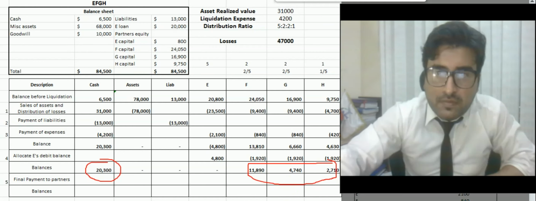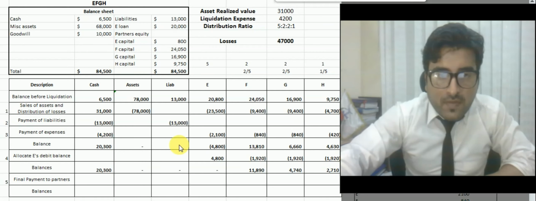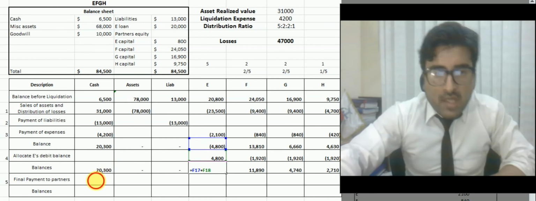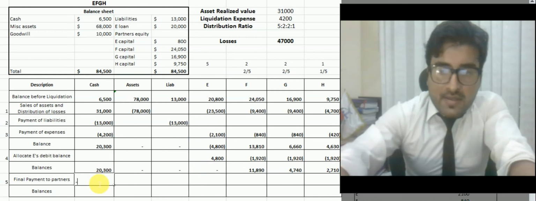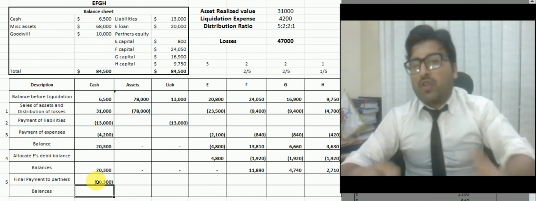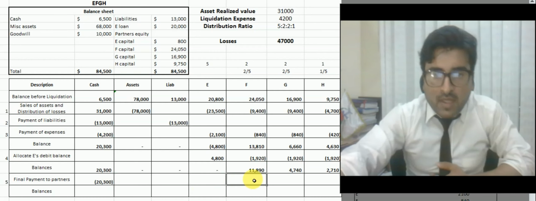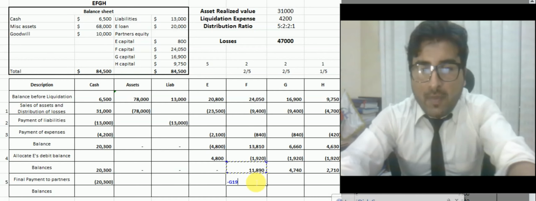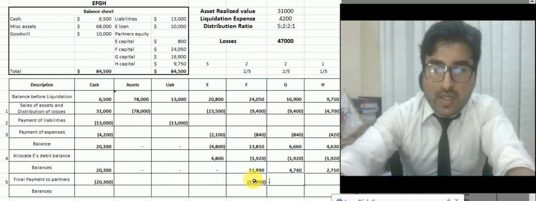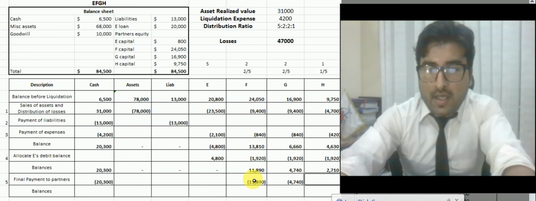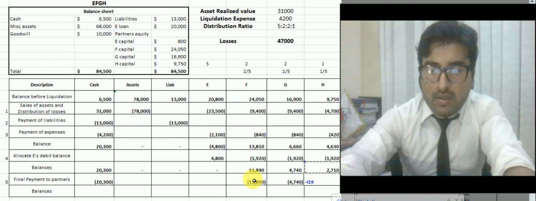Okay, so like here minus means we are paying the cash, so when we pay the cash, the amount is decreasing. Okay, then the capital is also decreasing here, and also here, and also here.